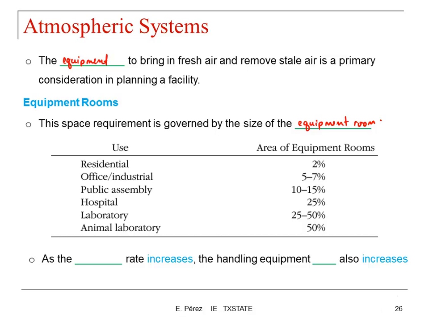So as the air change rate increases, the air handling equipment area also increases. There's a straight-line relationship between these two. If you need to take more air outside your facility, you're going to require more equipment to do that.